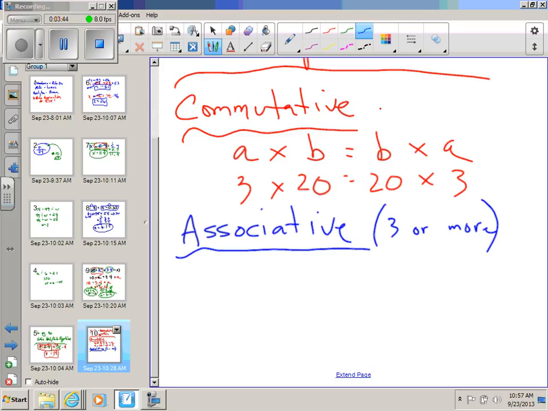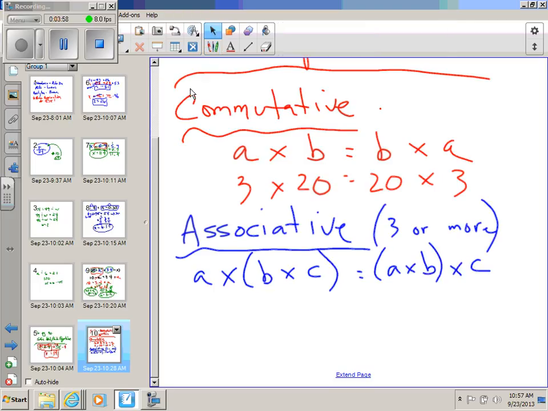For example, if I have an A and a B and a C, okay, it doesn't matter how I decide to group them, or in other words, which two of the factors I want to multiply first. When multiplying more than two factors, you can only multiply 2 at a time anyway. Associative property says it doesn't necessarily matter which 2 you decide to do first, as long as you end up doing all of them at some time.